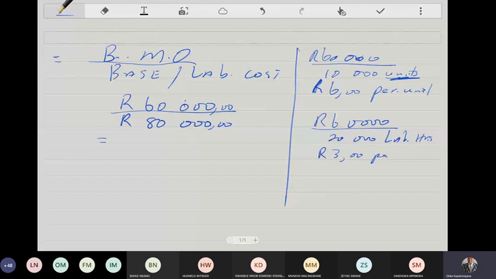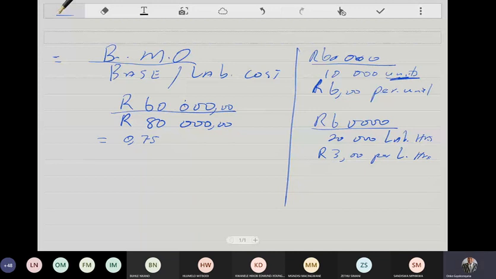Now look at our case. We've got a rand amount divided by another rand amount. So what's going to be our answer? 60 divided by 80 gives us 0.75.